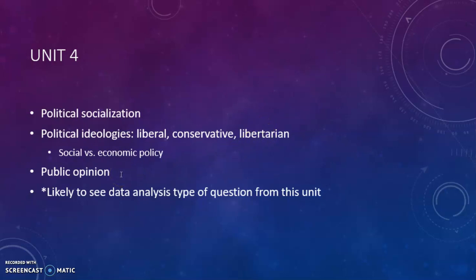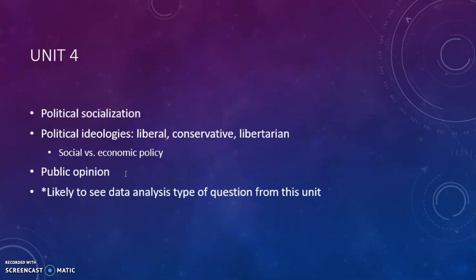Also in this unit, we talked about public opinion and measuring it. This is very important because this informs our congressmen and women, as well as the president, as to how they should perhaps align themselves when voting. Is this an issue that really matters? What do my constituents want? It's important to note that when polls are conducted, you need to have random sampling techniques. You have to also be aware of the margin of error.